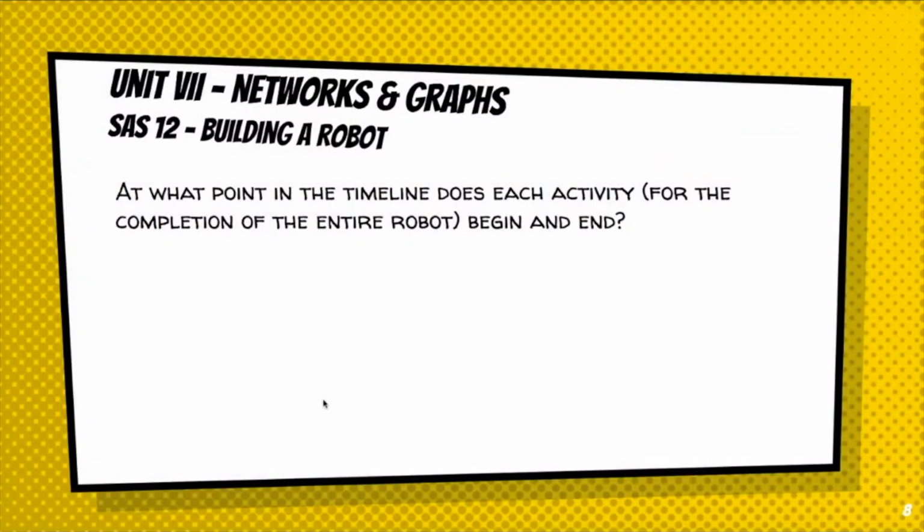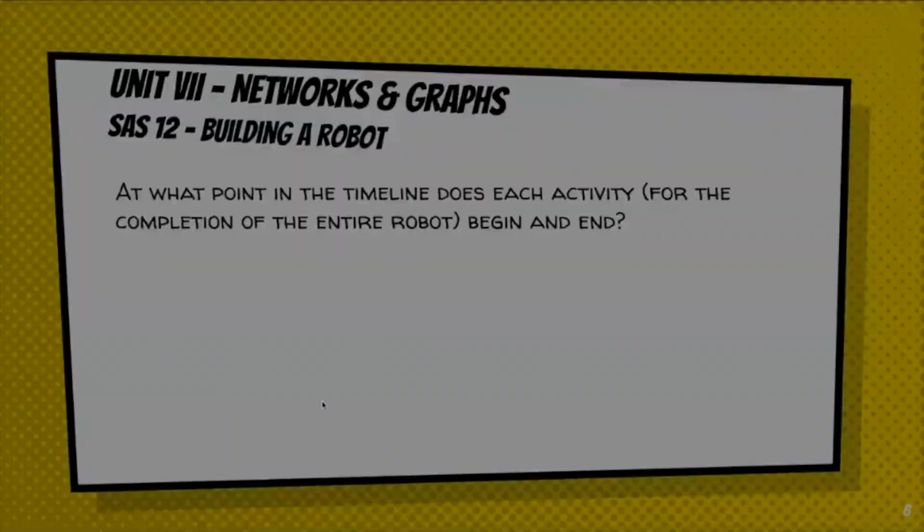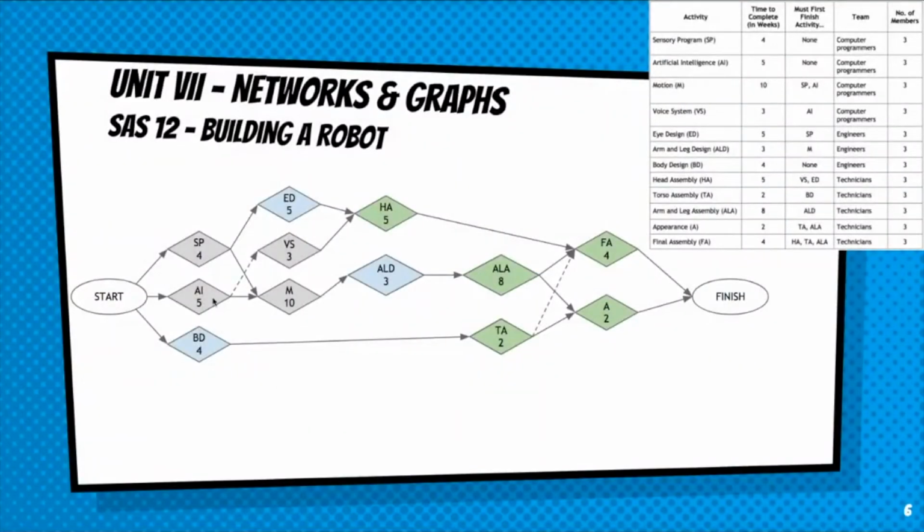At what point in the timeline does each activity for the completion of the entire robot begin and end? Okay. Let's go back and look at it. When does motion end? Let's think about motion. It has 2 activities that must be finished first, sensory programming and artificial intelligence.